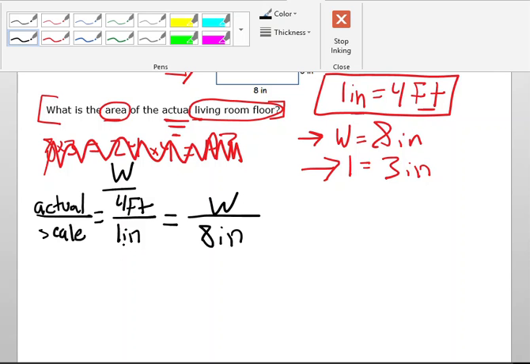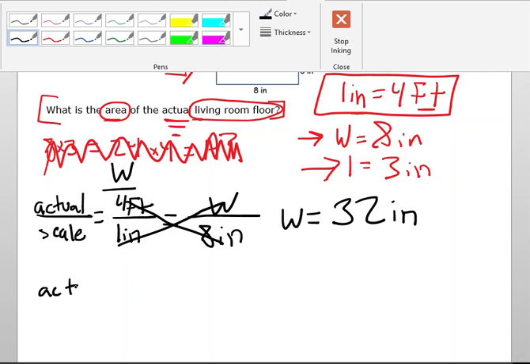And so here I cross multiply. 1 times W is W, and then 4 times 8 is 32. So my width is equal to 32 inches.